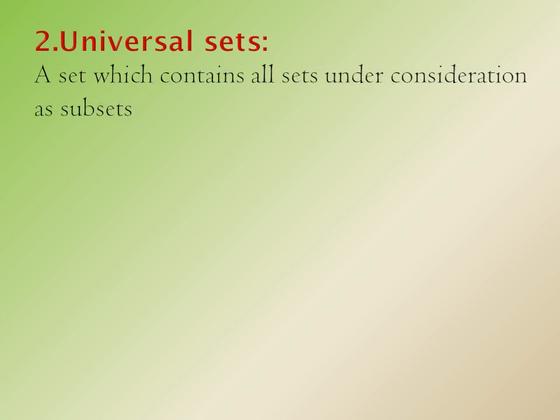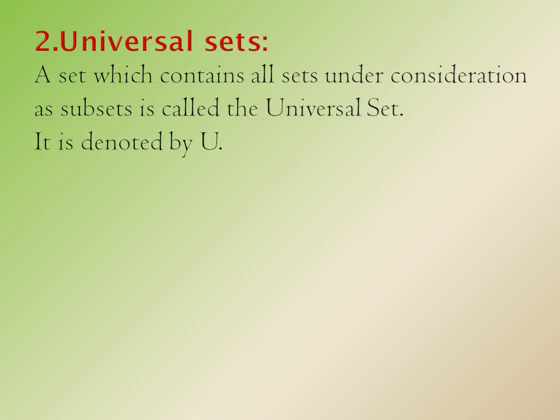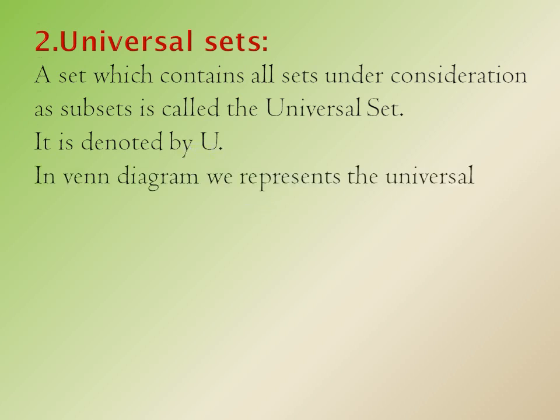The next set which we are going to learn is the universal set. A set which contains all sets under consideration as subsets is called the universal set. It is denoted by the letter U. You can see the letter U. In a Venn diagram, we represent the universal set by a rectangle.